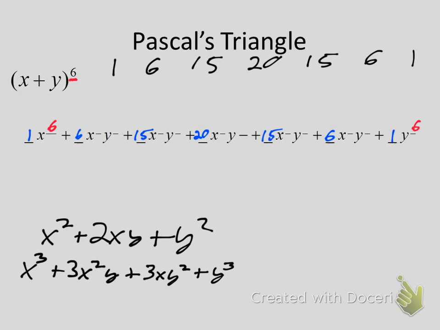Look at the x, 3x squared y and the 3xy squared. What's happening with your exponents? One of them has the x squared, but the other one is just y.